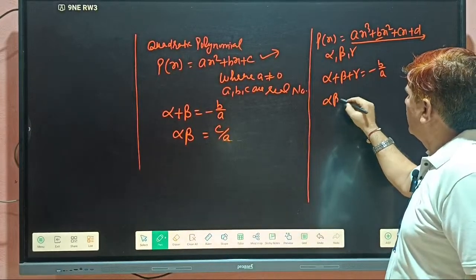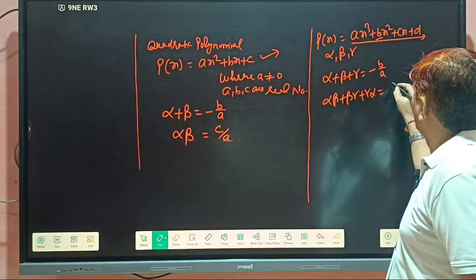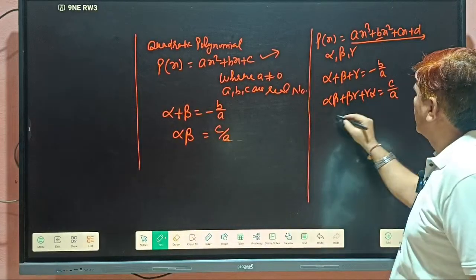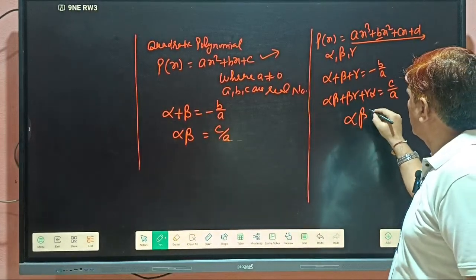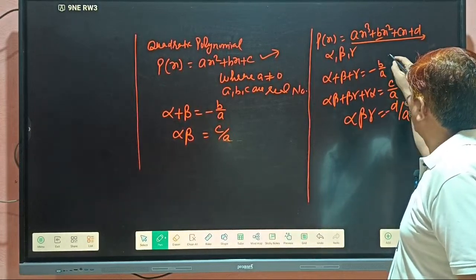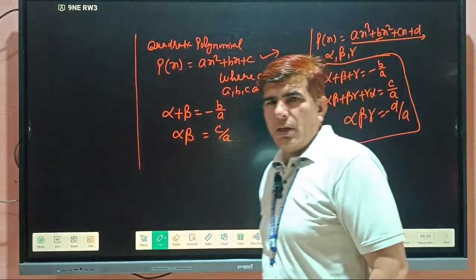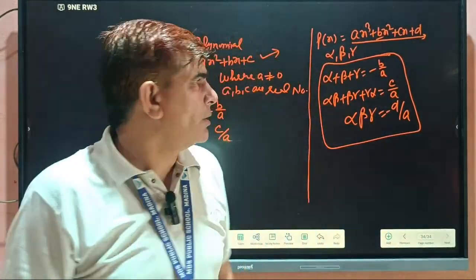Alpha beta plus beta gamma plus gamma alpha is equal to c by a. And the product of the zeros is equal to minus d by a. If you know these things, you can easily solve these questions.